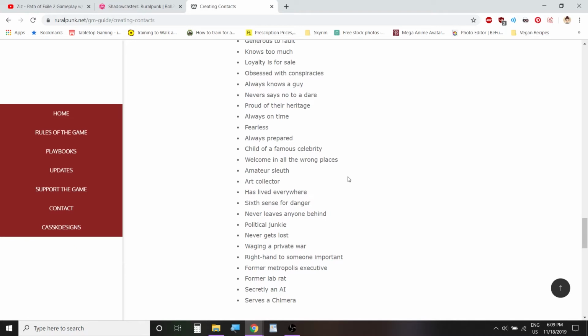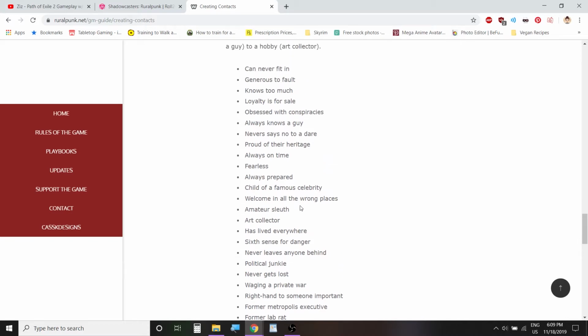And I think for our gossip, there are some that jump out. She could be an amateur sleuth, which makes sense. Or she could be welcome in all the wrong places, which is a different way of looking at it. That's how she gets her information. She could always know a guy, so always know someone that she's connected to.